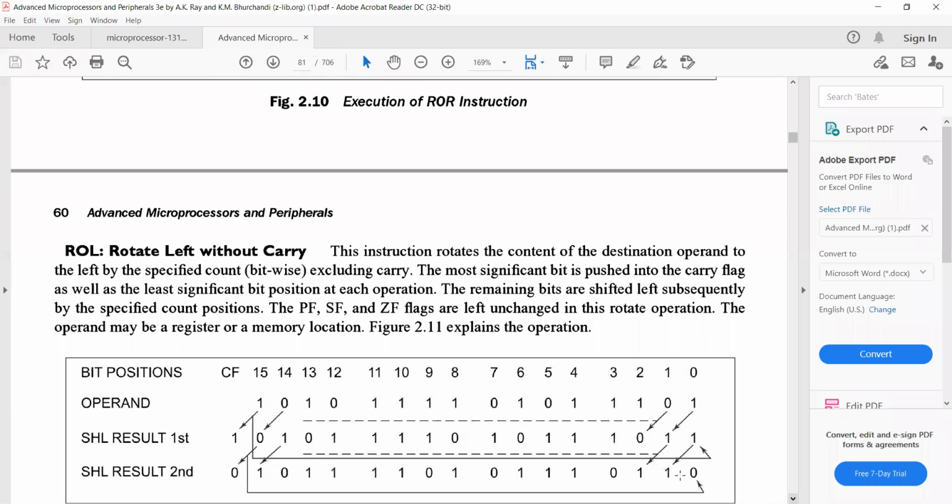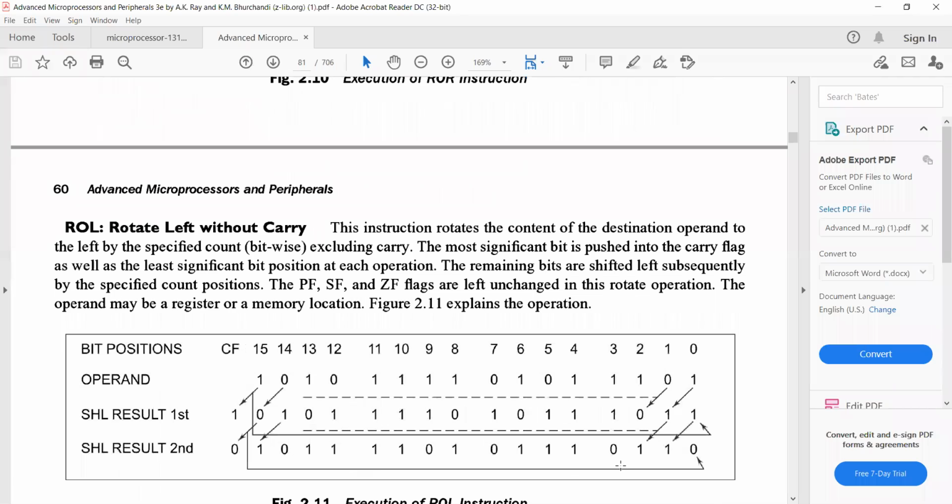Rotate left without carry. We'll see this and then go on to the with carry version. We shift the entire bits to the left side, and this MSB bit will occupy both the carry flag position and the LSB position.